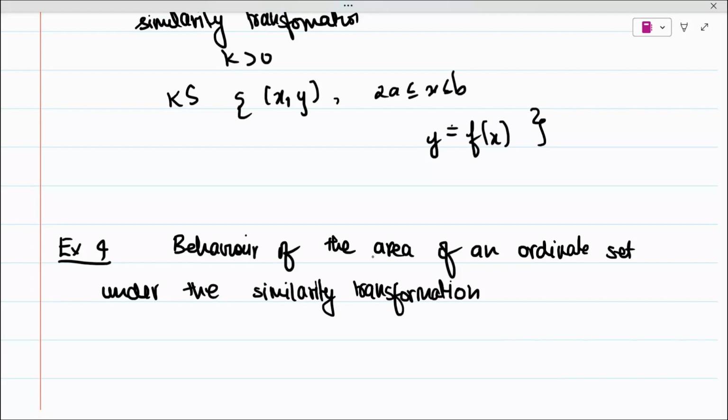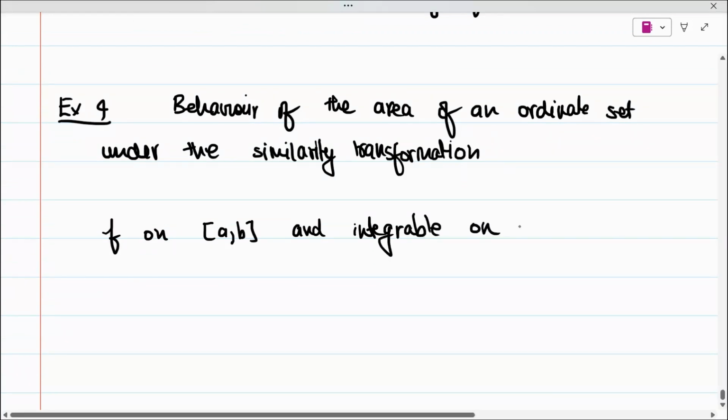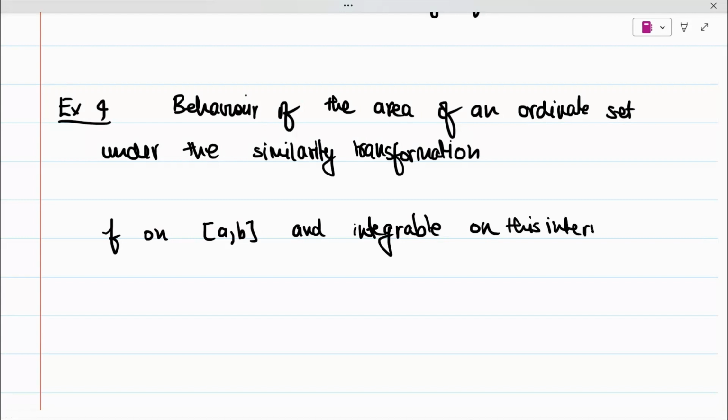So say the function f on this interval is integrable. I don't know if I'm pronouncing that right. And S is the ordinate set of f.